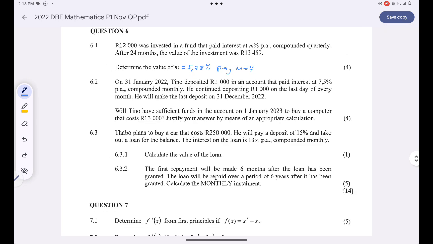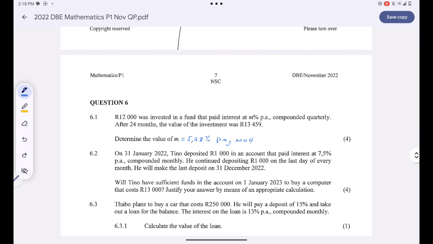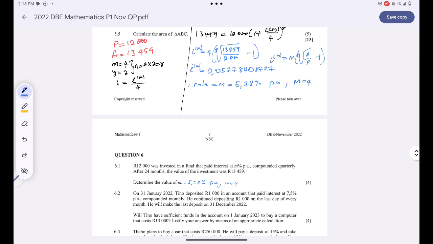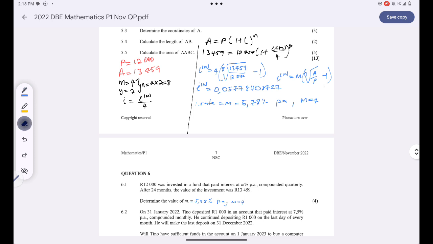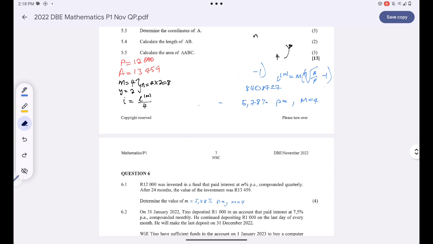Okay, then I'm told that on the 31st of January 2022, Tino deposits 1,000 rands in an account that pays 7.5% per annum compounded monthly. He continued depositing 1,000 rands on the last day of every month.